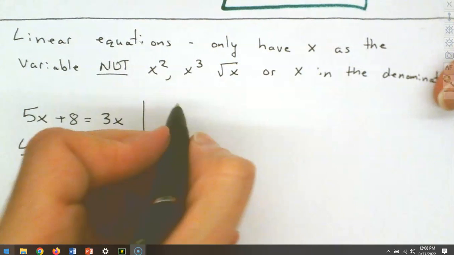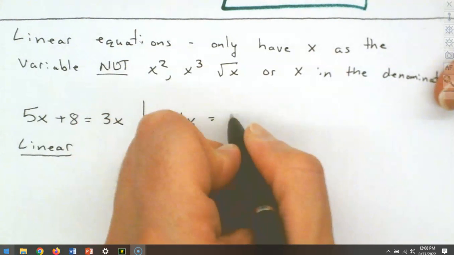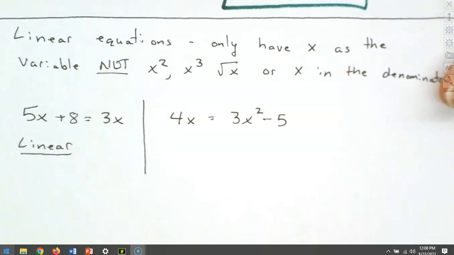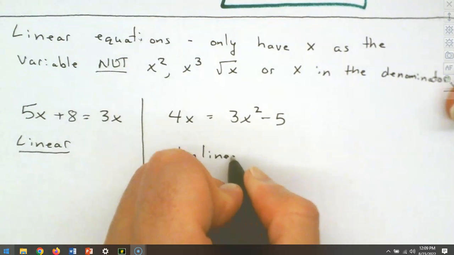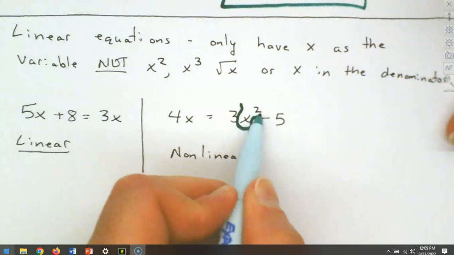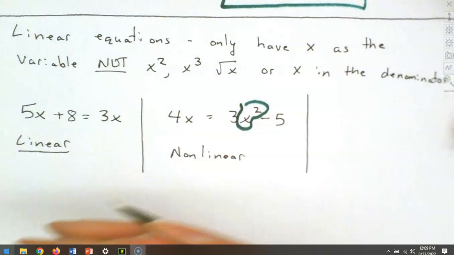How about the next one? How about 4x equals 3x squared minus 5? What would that be? Linear or nonlinear? Nonlinear. And why would this one be nonlinear? Yep, because of the x squared. And one more, just to make sure we've got these down, which it looks like we do.